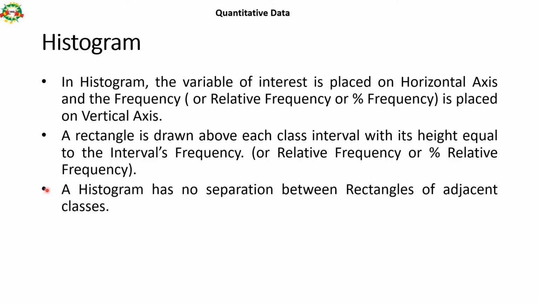You may consider the interval frequency. We'll see a diagram in the next slide. A histogram has no separation between rectangles of adjacent classes. Please remember this point. In a histogram, the vertical bars do not have any separation from the adjacent class rectangles.